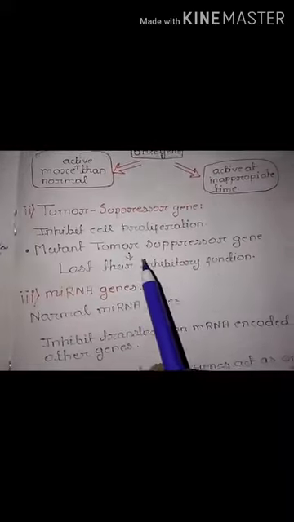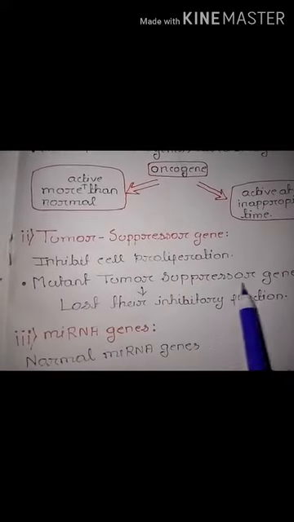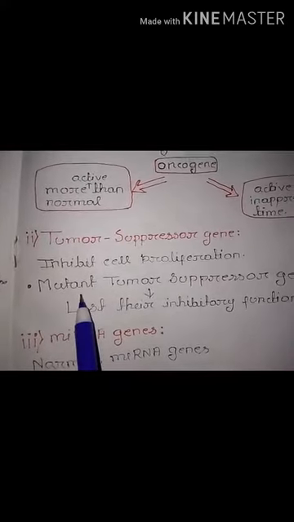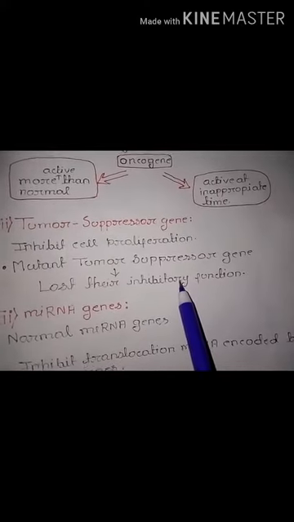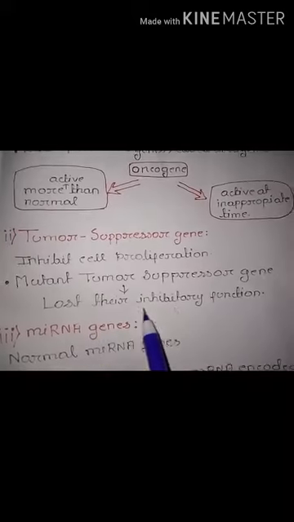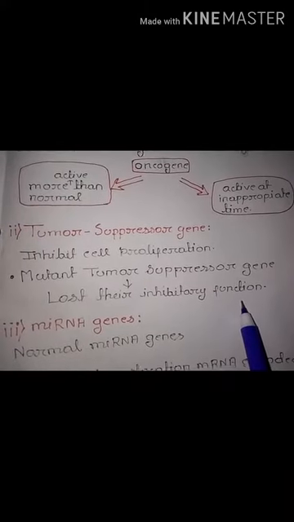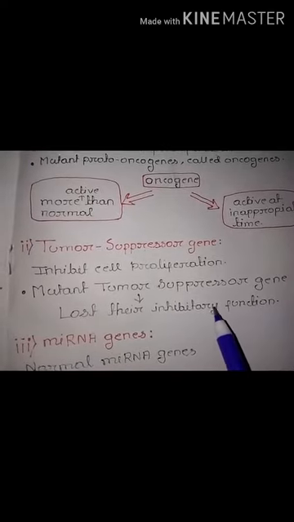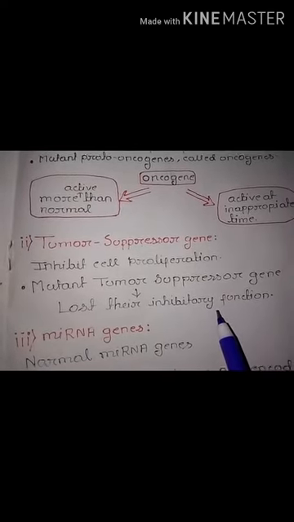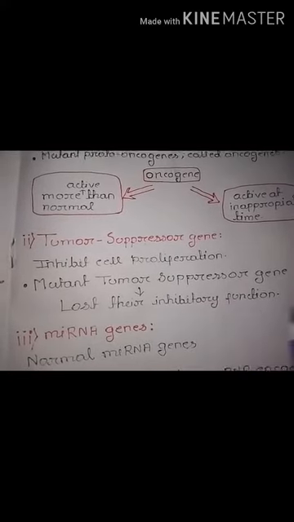But when the tumor suppressor gene is mutated, it loses its normal functions and its inhibitory function, and the cell becomes cancerous. The mutant form of the tumor suppressor gene cannot work properly and cannot inhibit cell proliferation.